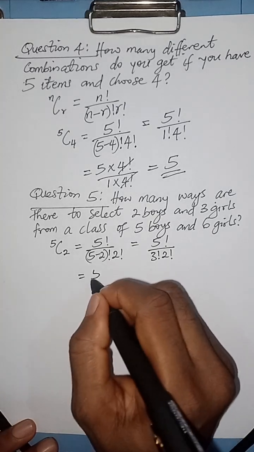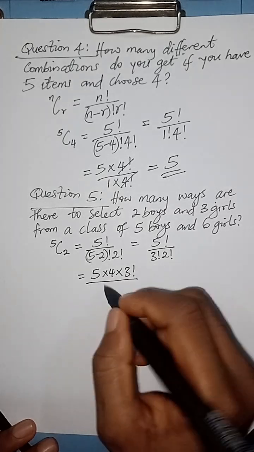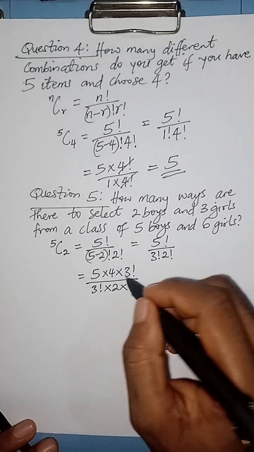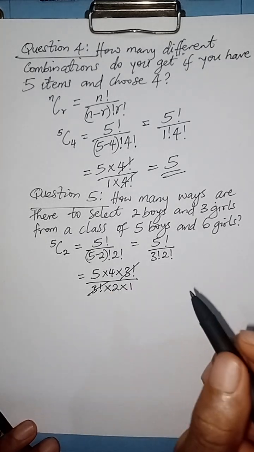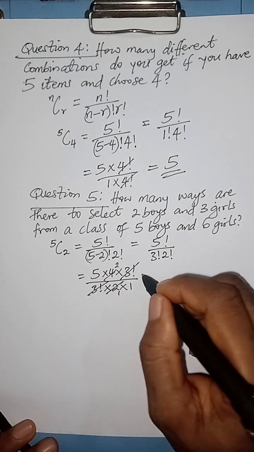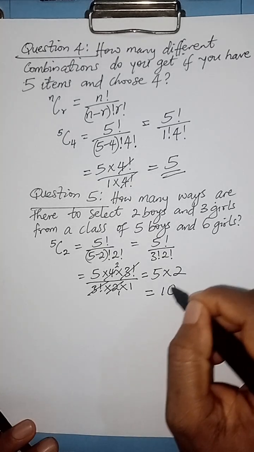If you expand this, you're going to have 5 multiply 4 multiply 3 factorial, and then this is 3 factorial multiply 2 times 1. It's easy to eliminate the 3 factorial and cancel out. And that gives you 5 multiply 2, which is 10.